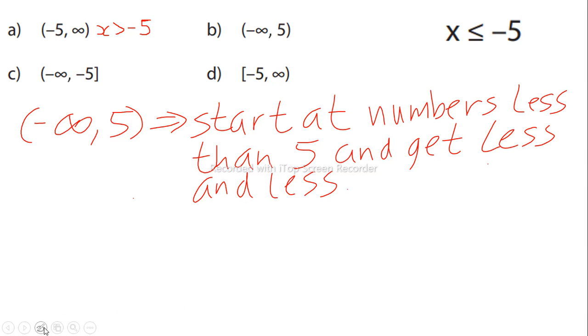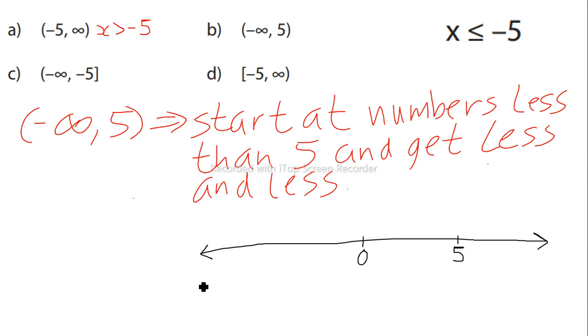And so what that means, we're going to go on our x-axis, and we are going to start at 5, and get less and less and less.